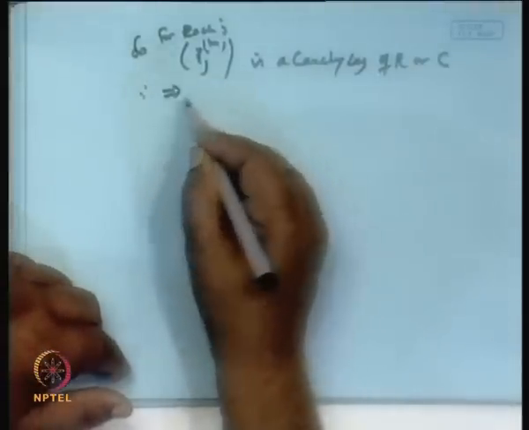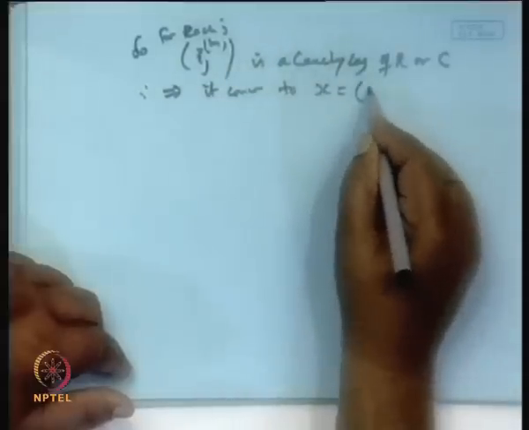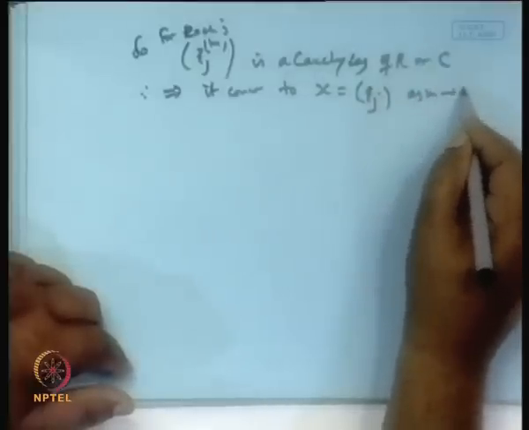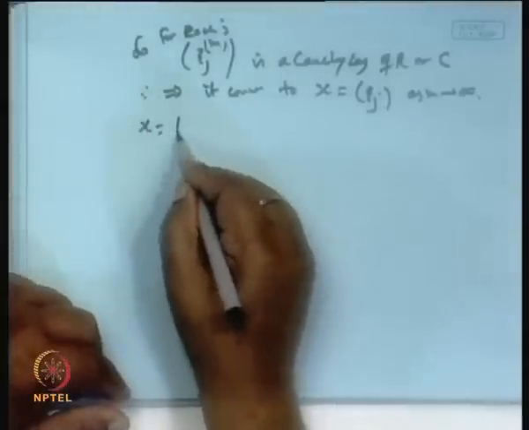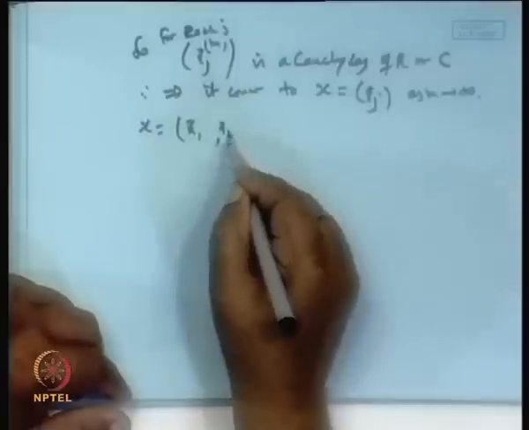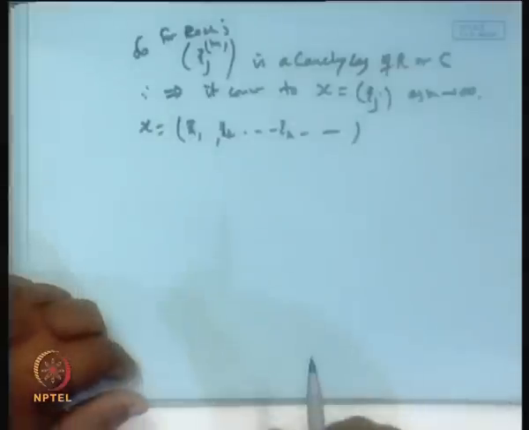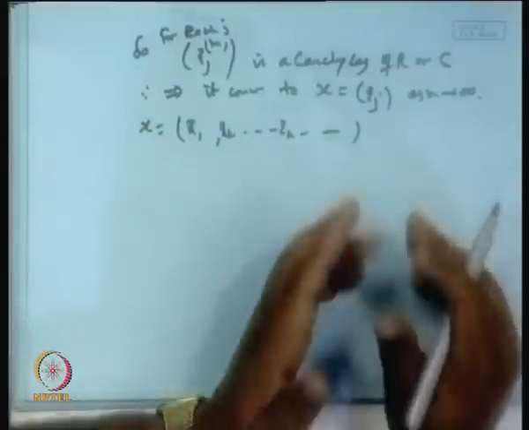So, it converges to a point x_j as m tends to infinity. Clear? So, we are getting a point x as xi_1, xi_2, xi_n and so on. Now, whether this point belongs to l infinity or not, that is important.